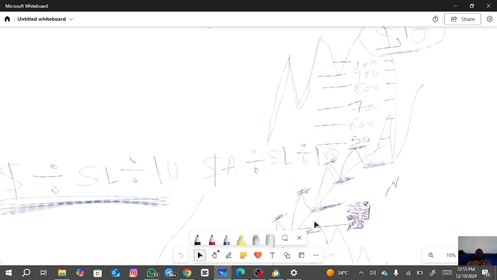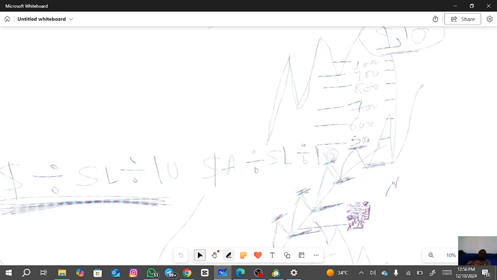Now I'm going to explain impulse and correction moves. The correction move is also known as retracement. So we have impulse moves and correction moves.